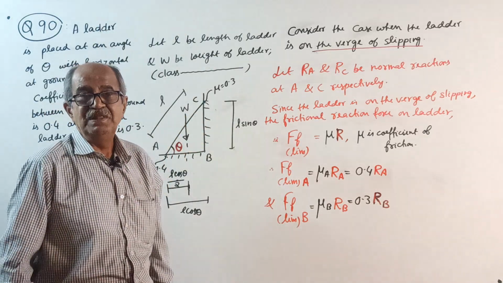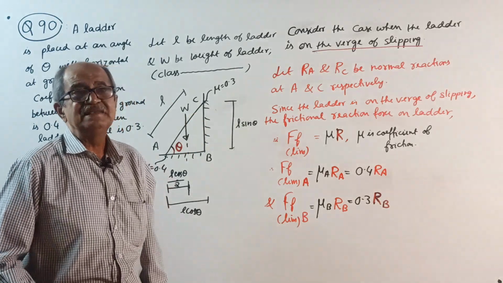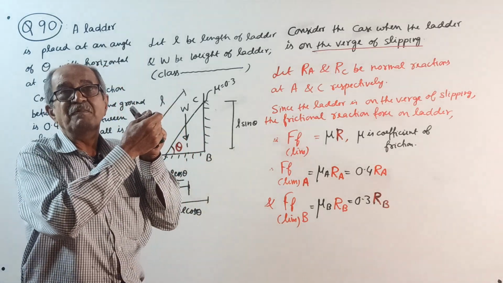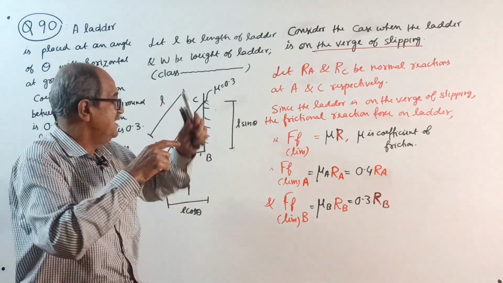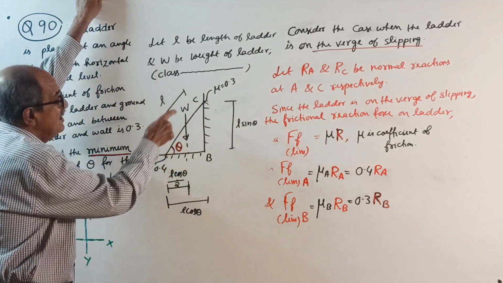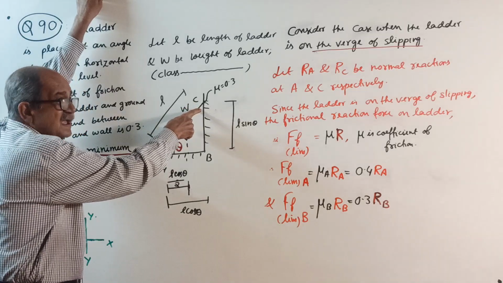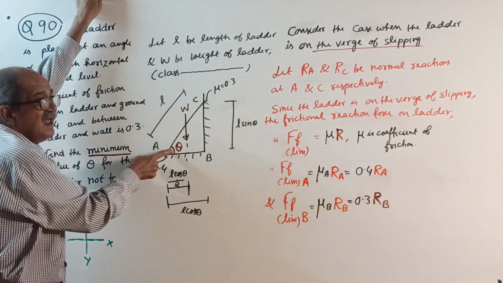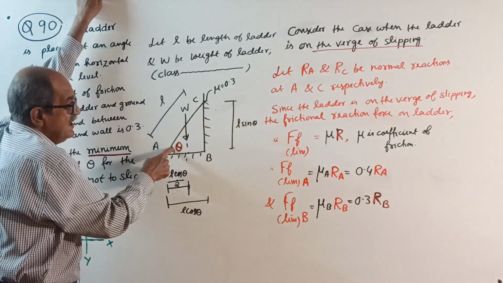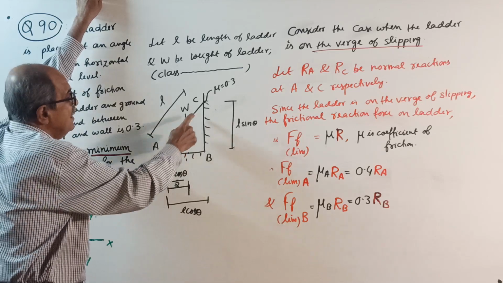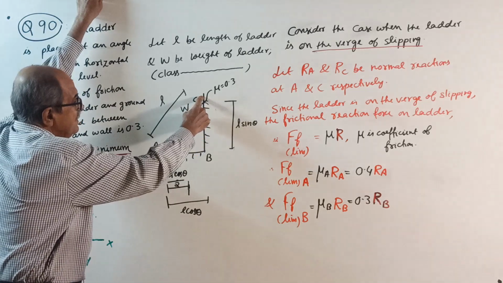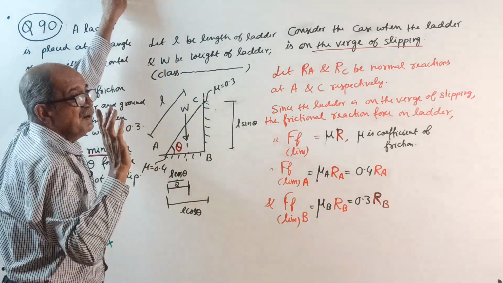The maximum angle is limited. Because if they increase the angle, there is a problem. If you decrease the angle, it is unstable. Increase the angle this way, it is unstable.